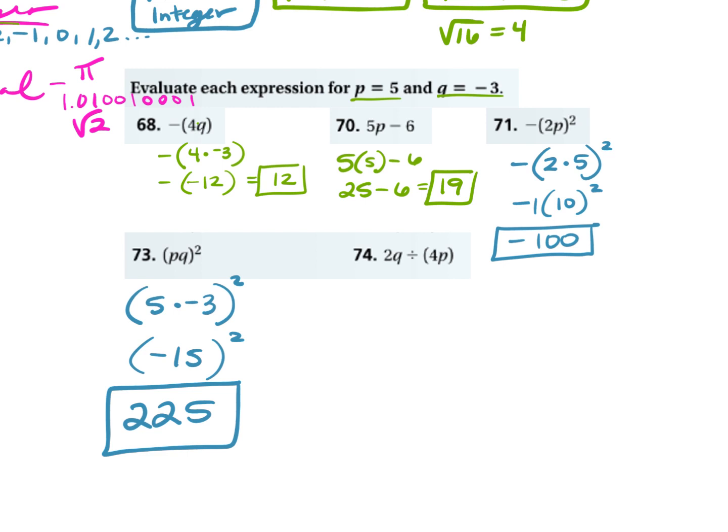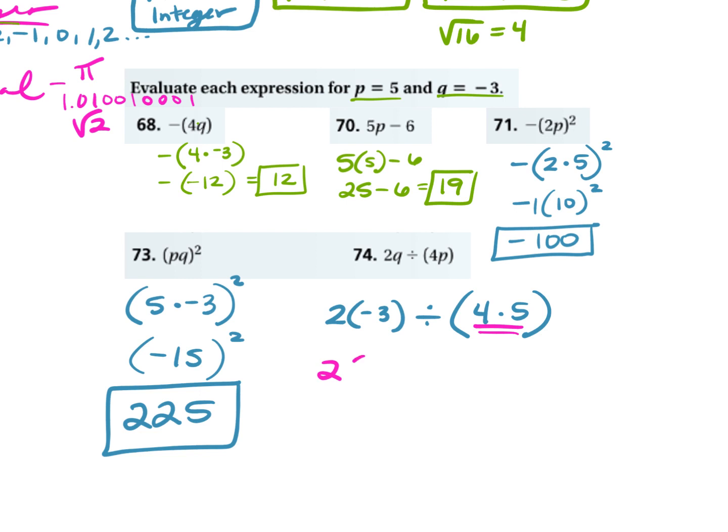Okay. 74, you have 2 times -3 divided by parentheses 4 times 5. What do you do first? You can do the 2 times -3 at the same time as the other thing you're supposed to do first. You always do parentheses first, right? And the thing in parentheses, the only thing we have right now is the 20.